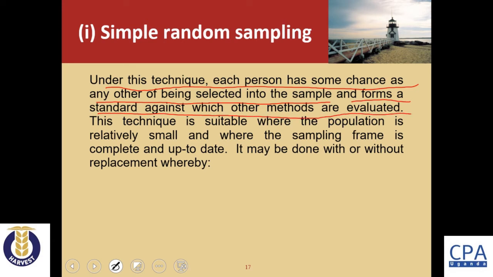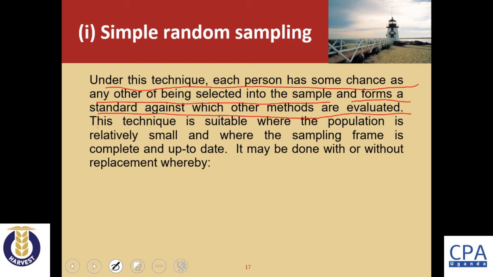So it is one of those methods that will feed into the others. Someone interested in drawing a sample from the population will randomly select any member of the population. So all the persons in the population have a chance of being selected as members of the sample.